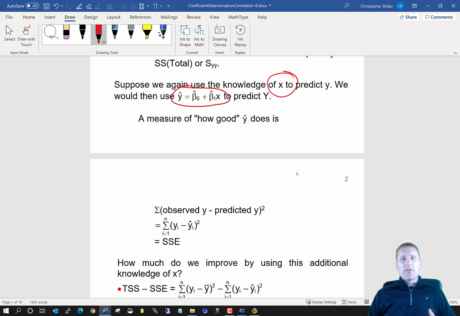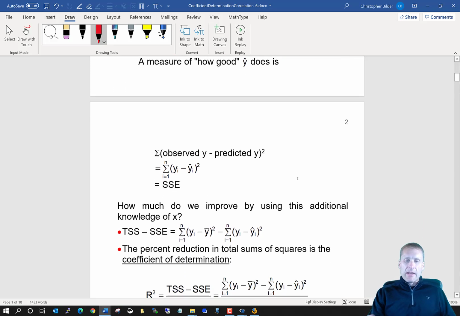So as a measure of how good our model does in predicting y, we can, once again, take all the observed y's, subtract off the corresponding predicted values, square that, and sum. In other words, take the sum over i equals 1 to n of y sub i minus y hat sub i, squared. This is what we call our sum of squared errors, or SSE.